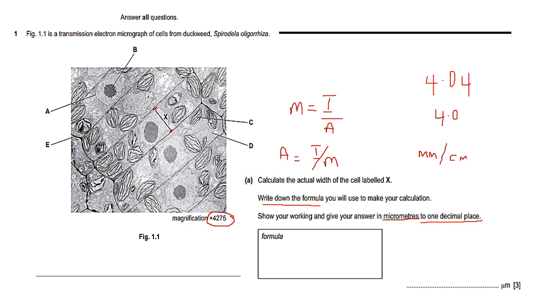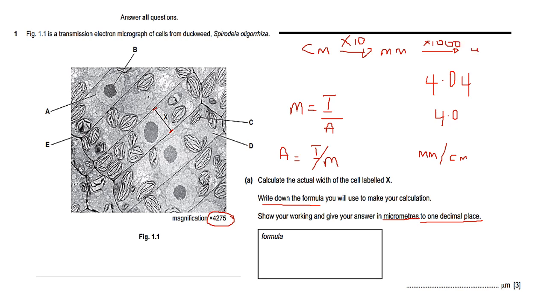Then you convert millimeters to micrometers, or you go from centimeters to micrometers. I like to do this step by step so that students don't get confused. If you're going from centimeters to millimeters, you multiply by 10. If you're going from millimeters to micrometers, you multiply by 1000.